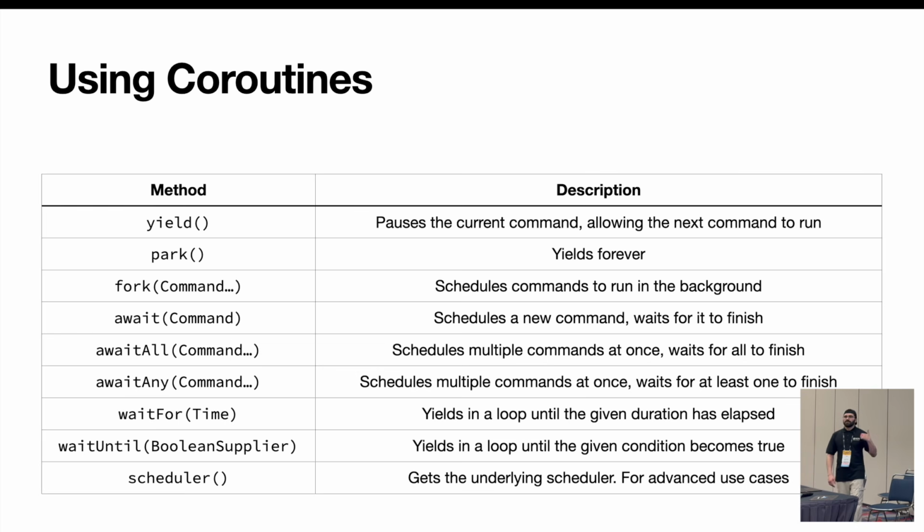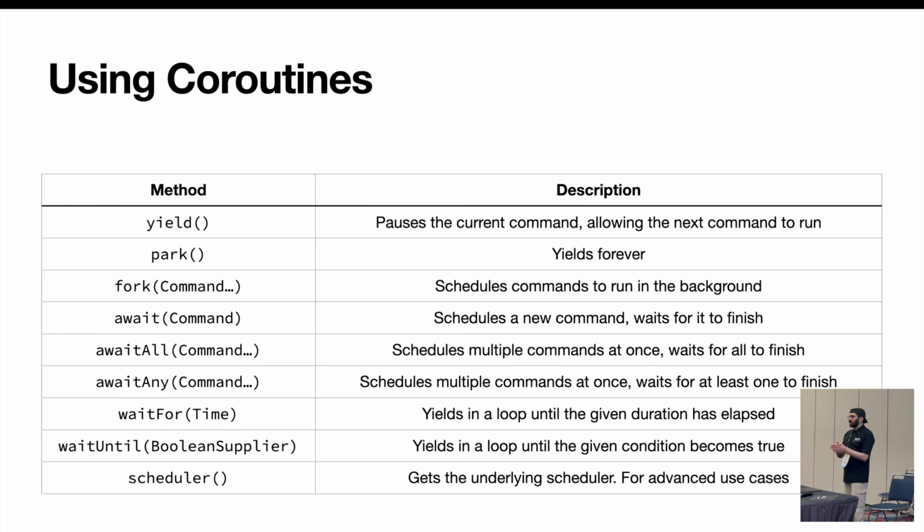You can park, that's basically just yielding in an infinite loop. There's compiler checks that you can't have code execute after a park call because that's unreachable code. So that's code that we don't want you to assume is going to run. So there's a compiler check for that.